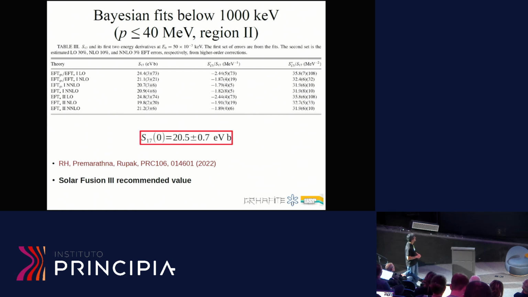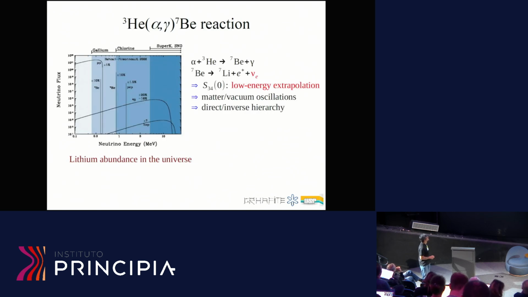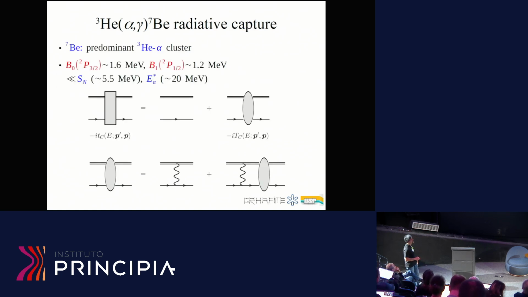And this also enters the solar fusion three. This value is the recommended value, all right? So for this other reaction, things are a little bit more complicated because the power counting is lower, it has a lower convergence pattern.